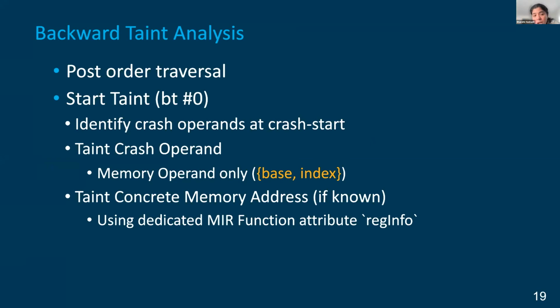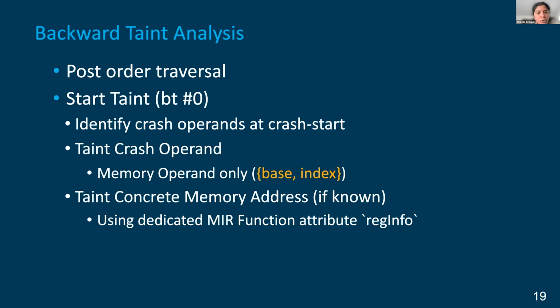So to start the taint in our case, we inspect the MIR that has the crash start attribute set up by the decompiler for the very top function of the backtrace, and we taint the memory operands in this instruction. So we identify the symbolic address using the base and the index register.